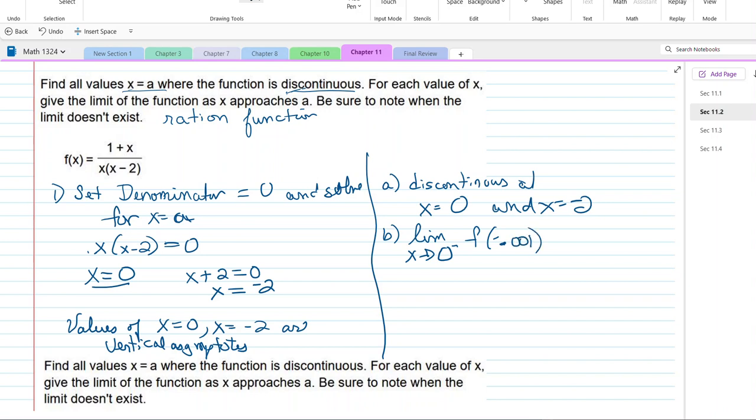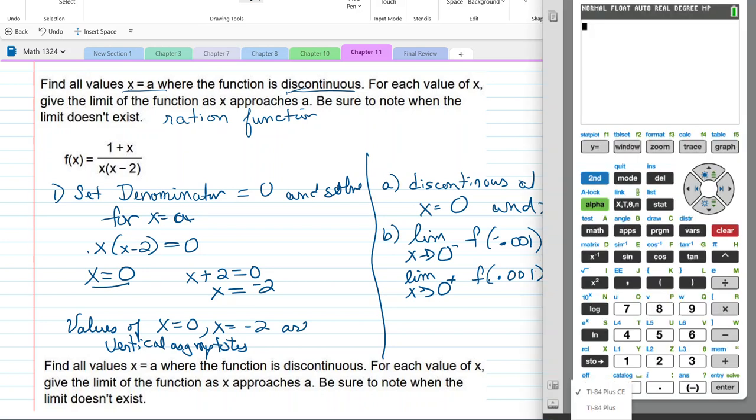All right, it's pretty close. Find out where it's going. And then we would do the limit as x approaches 0 from the right as f of positive 0.001.